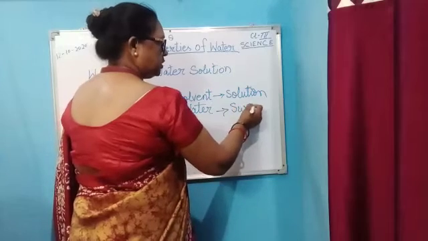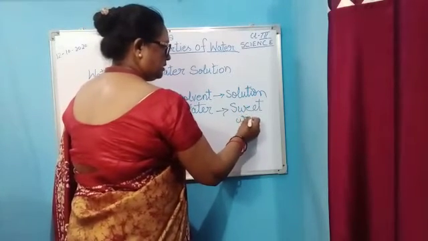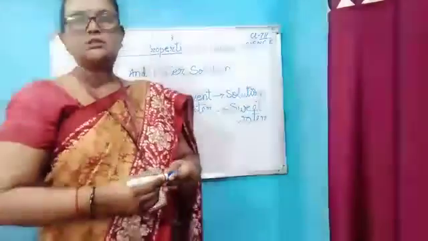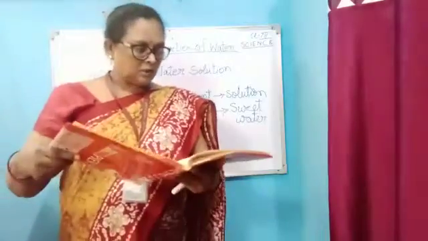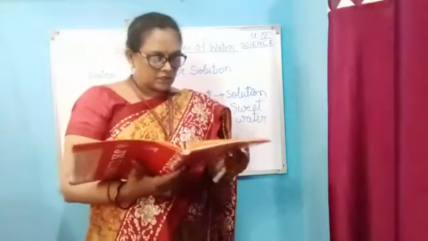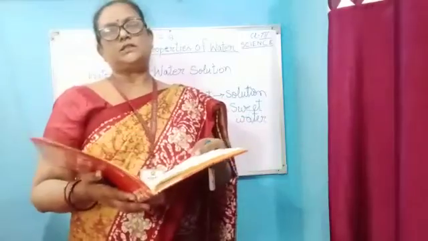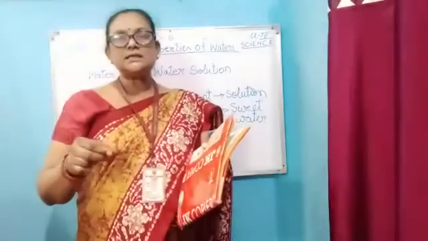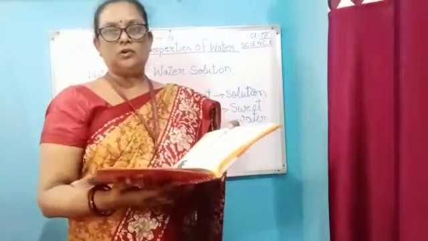That is solution. This sweet water is known as solution. So now, water is called a universal solvent, because most of the substances like salt, dust, sugar, all will mix in water.